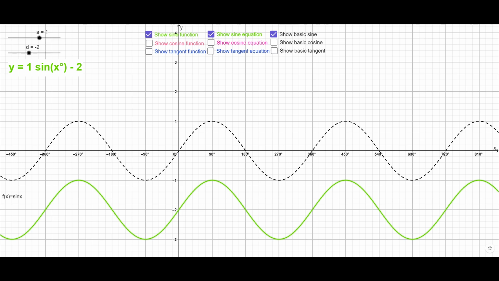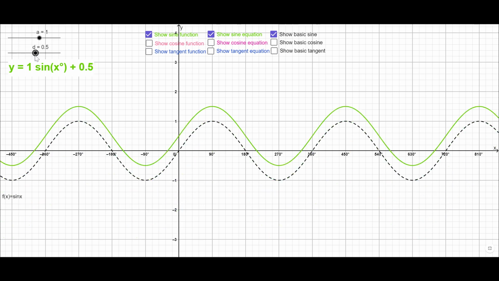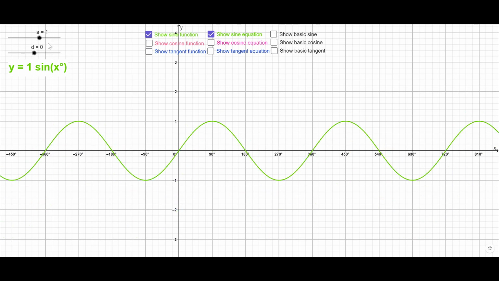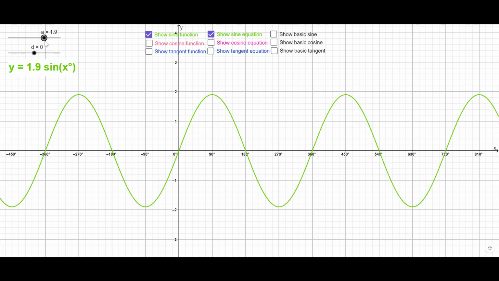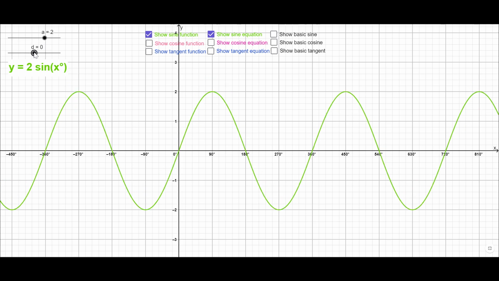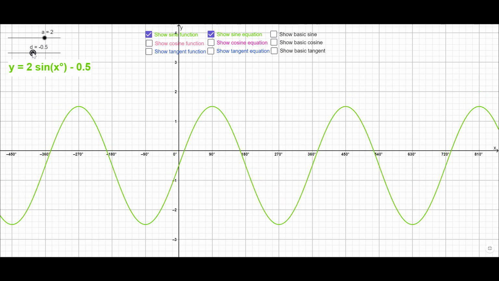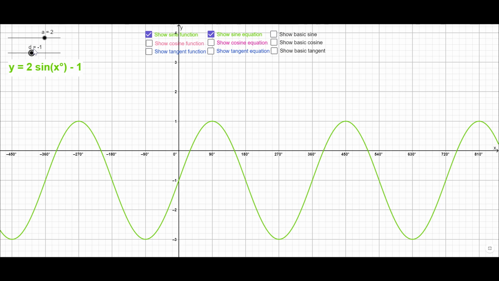Now, what about when we change both of those? So let's say we make a shift and we make our a value 2, and we make our d or our q value, whatever you use, -1. Okay, now we have that, and you are just given that. And they say, find the equation for this. We have the equation on the screen, sure.